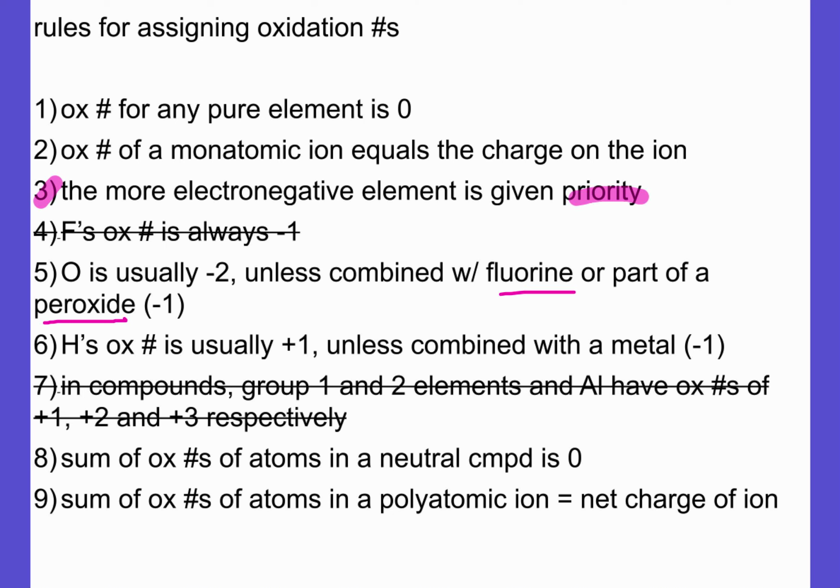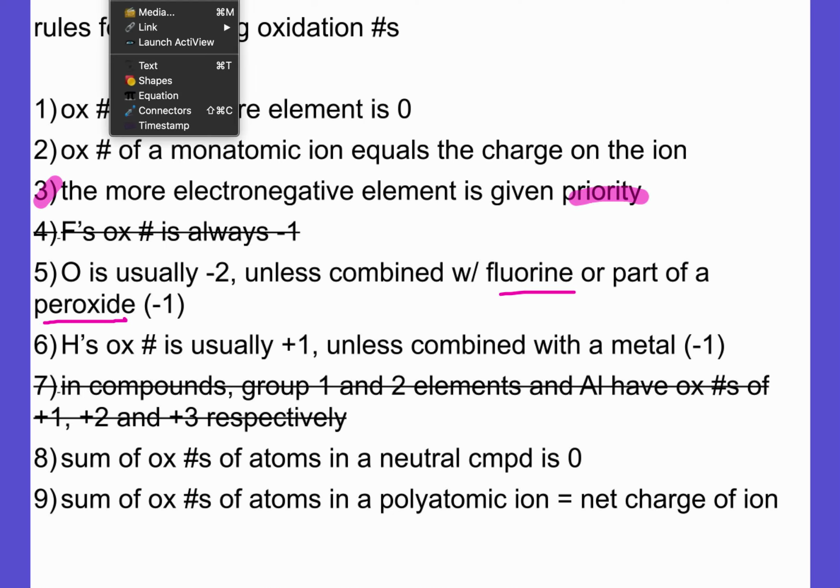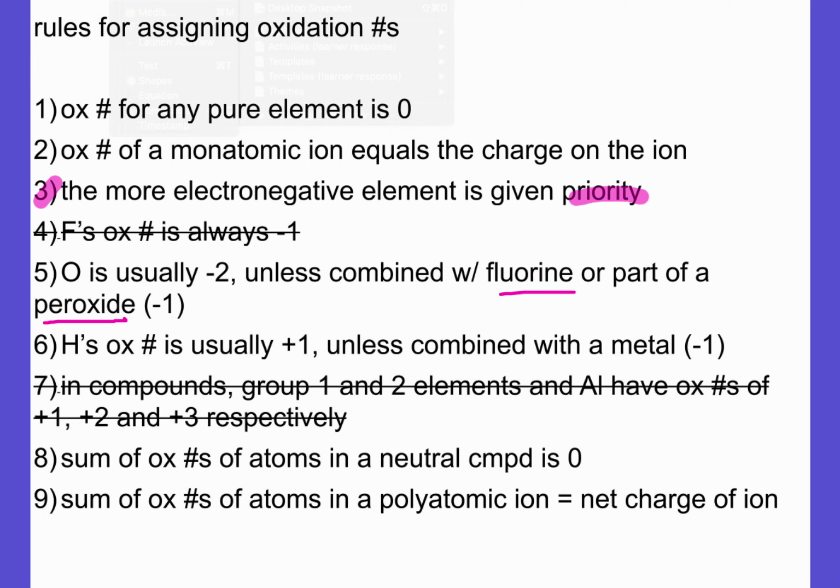Rule number 8, we do need. And rule number 8 says the sum of oxidation numbers of atoms in a neutral compound is always 0. That's what I've been doing this whole time. Every time I had a compound like ferrous oxide or water or that methane or whatever it happened to be, right? When I made the oxygen a -2 and the iron +2, the goal was to make this neutral, right?